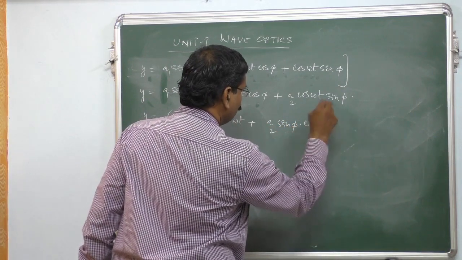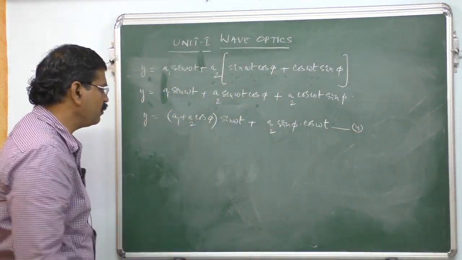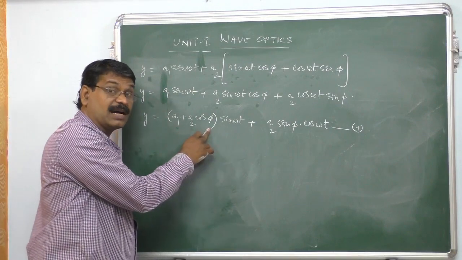Okay. Now I'm going to consider this as equation 4. Then now look at carefully. a1 plus a2 cos phi బదులు R cos theta అని పెట్టాను.